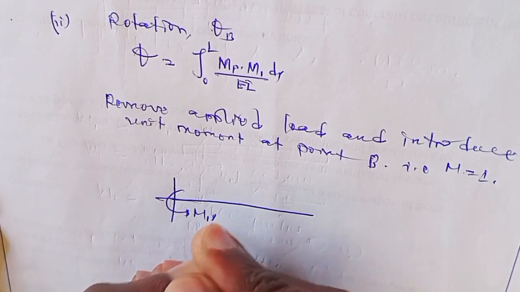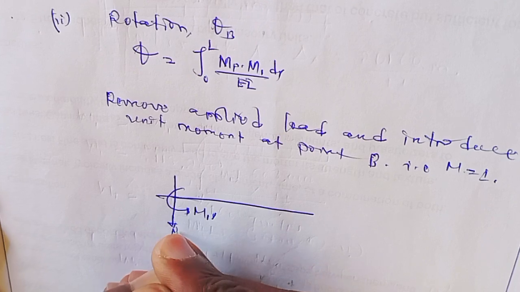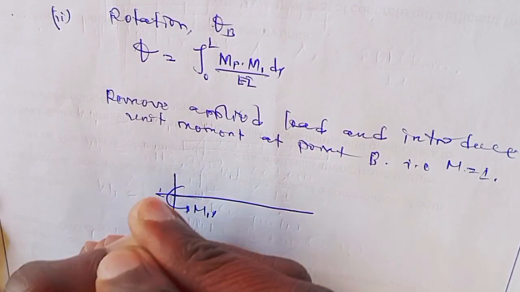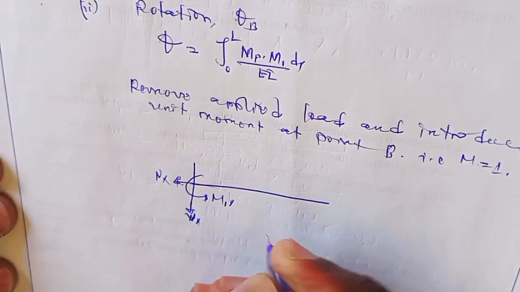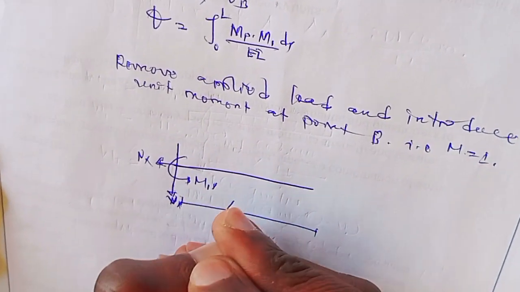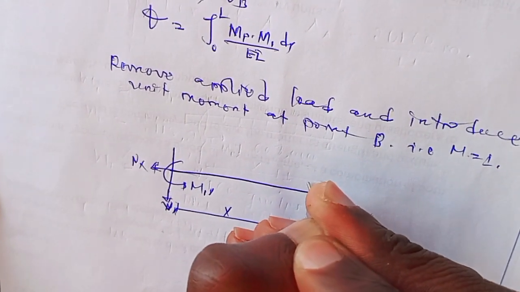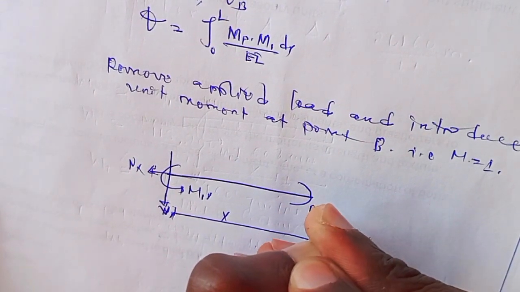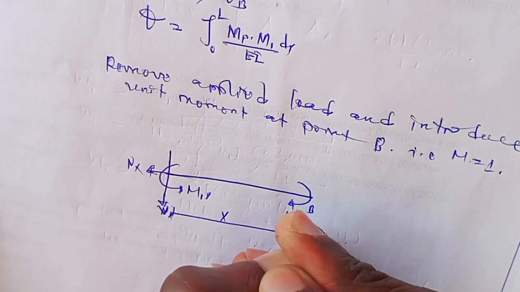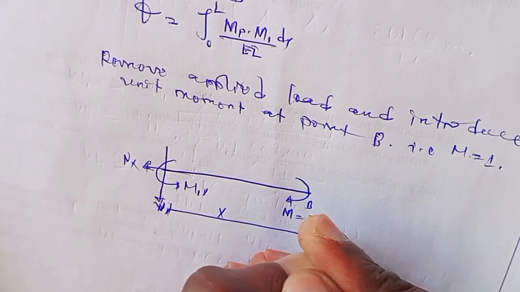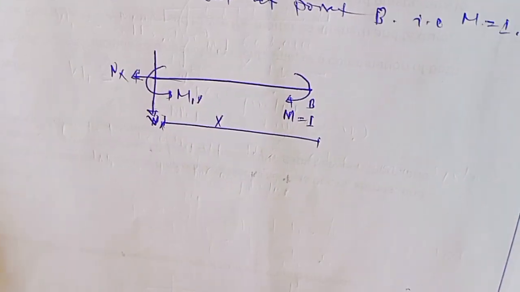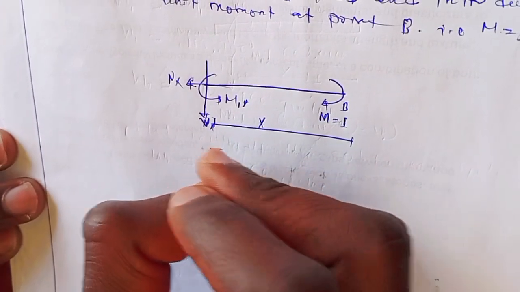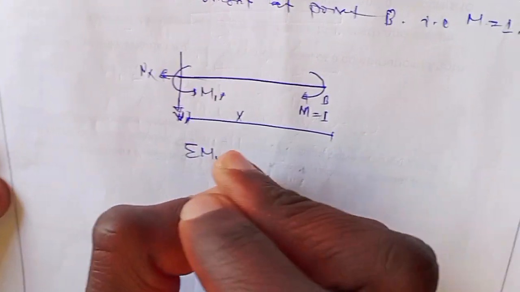Moment due to unit load. This is the shear force at distance x, the normal force. From this one to this one is distance x. So here at point B, we introduce a unit moment, which is the moment at this point equal to 1. In order to obtain the moment, we take the summation of moments at x equal to 0.